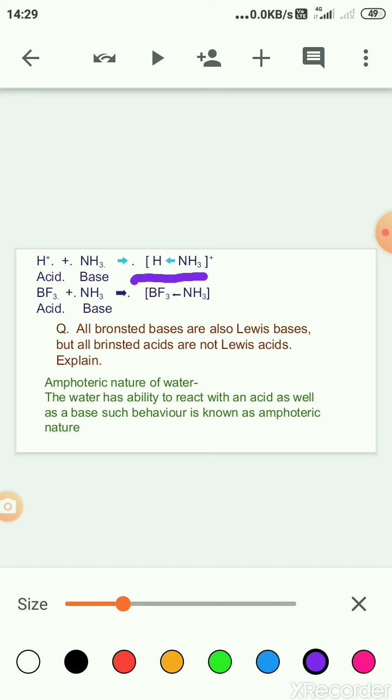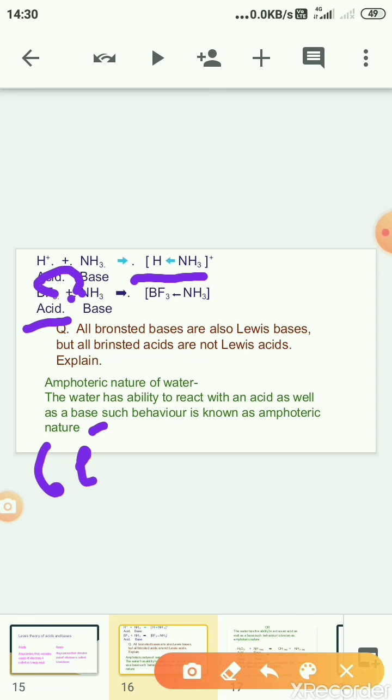Another example for Lewis acids and Lewis bases: BF3, boron trifluoride, and ammonia NH3. Here boron trifluoride contains 6 electrons while ammonia has a lone pair of electrons, and this lone pair on nitrogen is available to give to boron trifluoride.